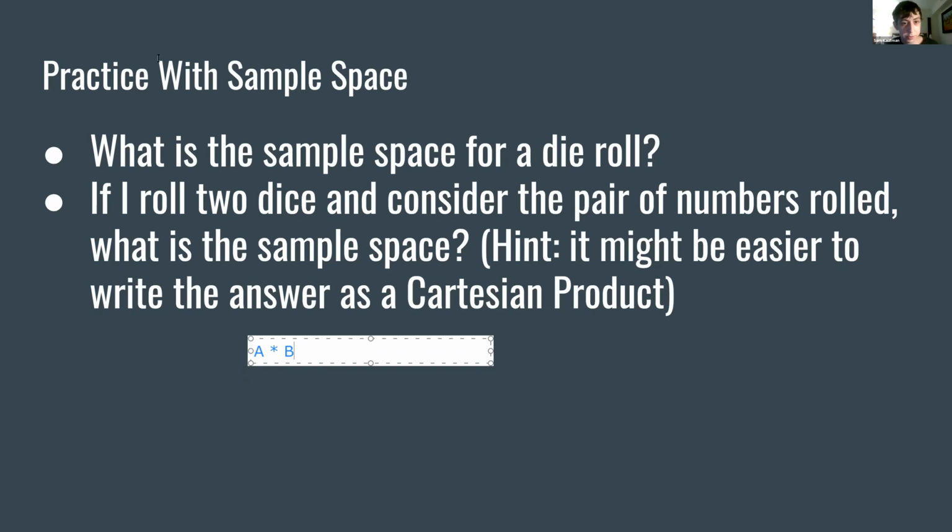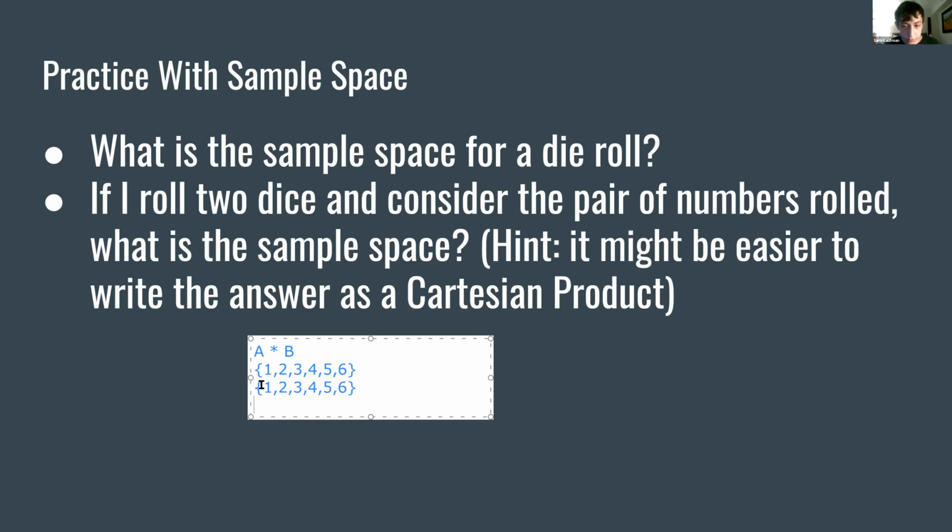So remember, the sample space for the first die roll was this. And then we're going to have the same sample space for the second die roll. And if we want to do a Cartesian product, it's going to be all of the possibilities from the first one and then all of the possibilities from the second one. Hannah just wrote it correctly. So that's going to look like this.